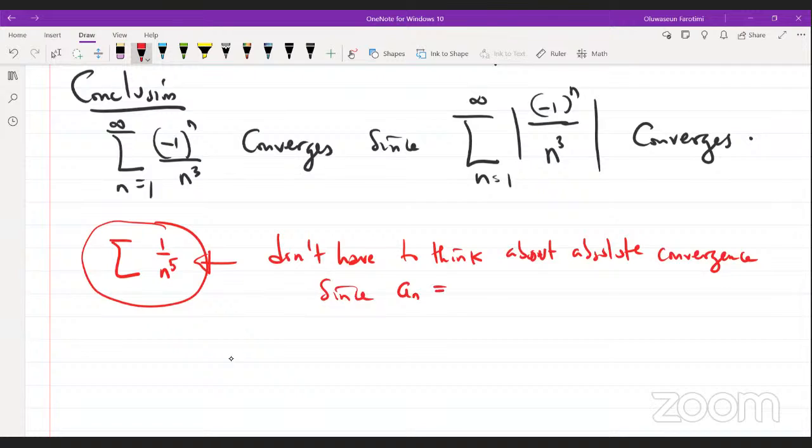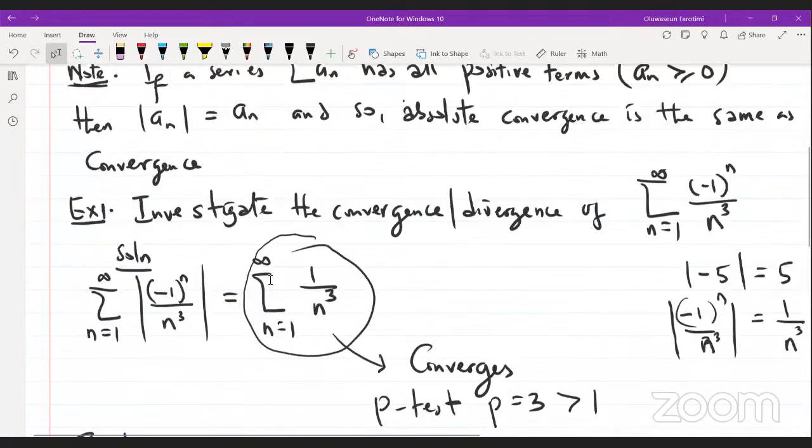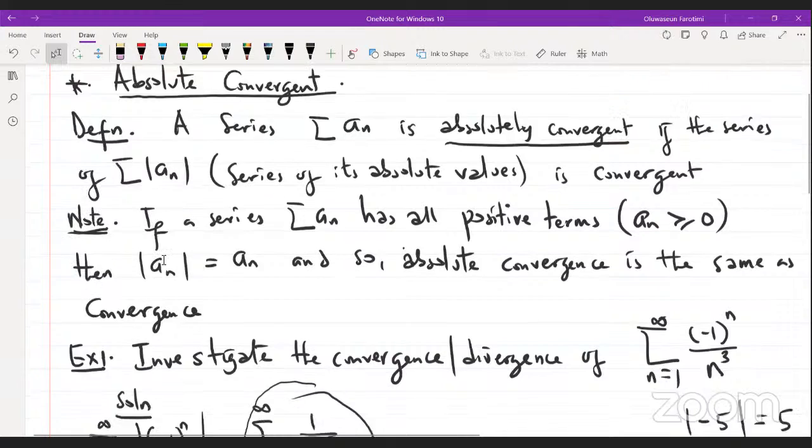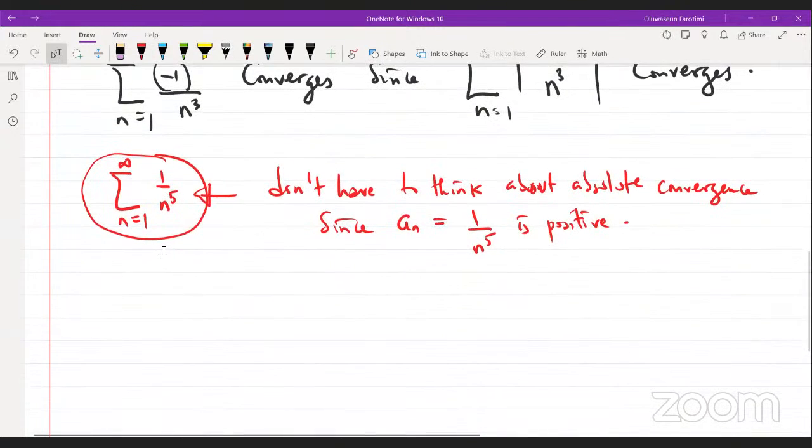My a_n, which is 1 over n to the 5th, is positive. Let me start this guy from 1, yeah. And that's exactly the notes we have right on top here. Okay, so let's make some progress.